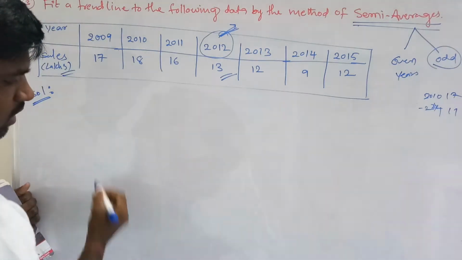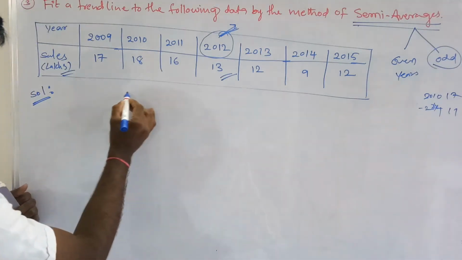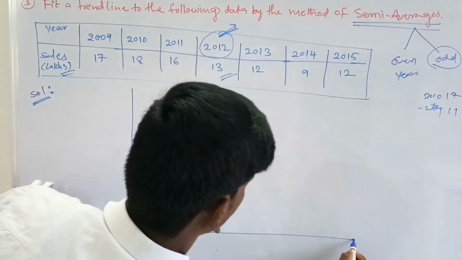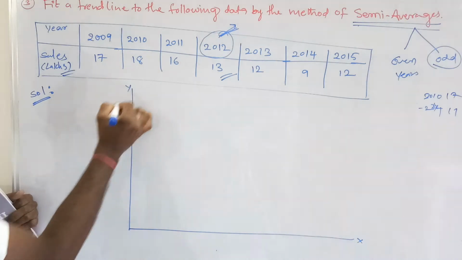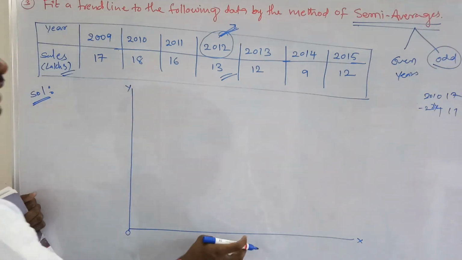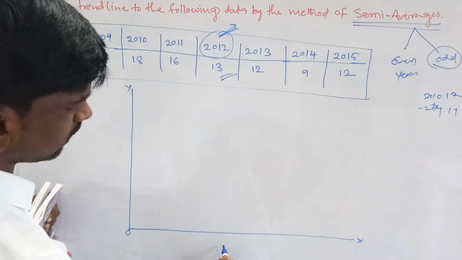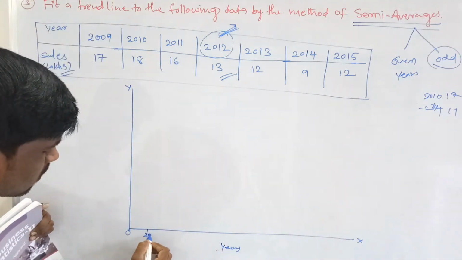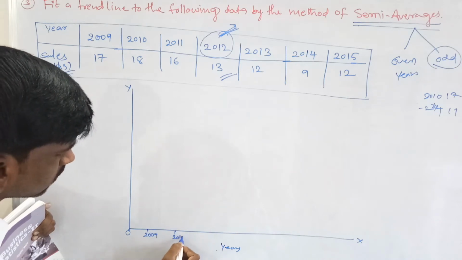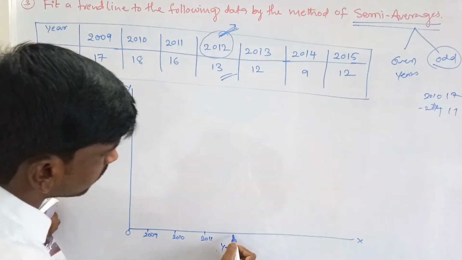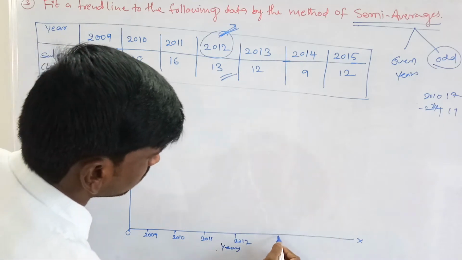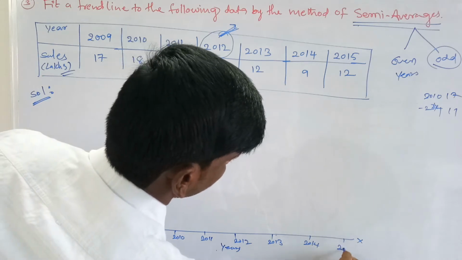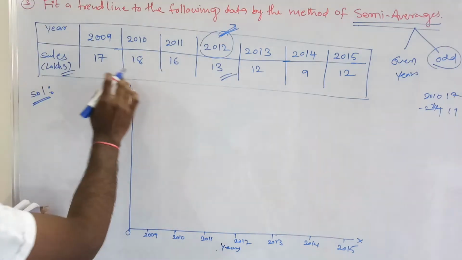Coming to the graph, already we know that on the graph paper we have to take the x-axis and y-axis, right? On the x-axis we have to take the time, so years from 2009 to 2015: 2009, 2010, 2011, 2012, 2013, 2014 and 2015.